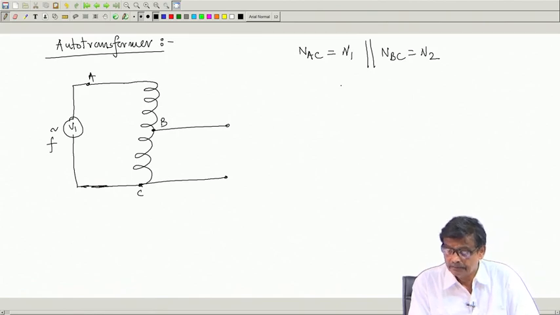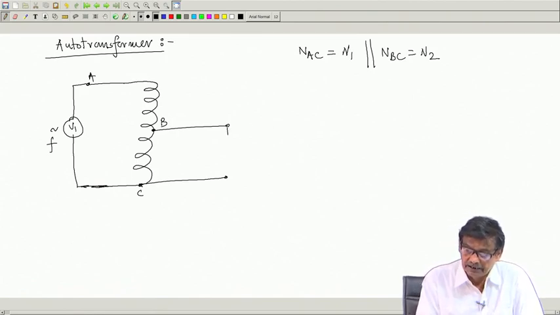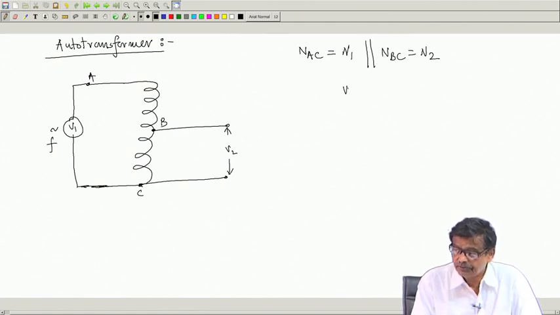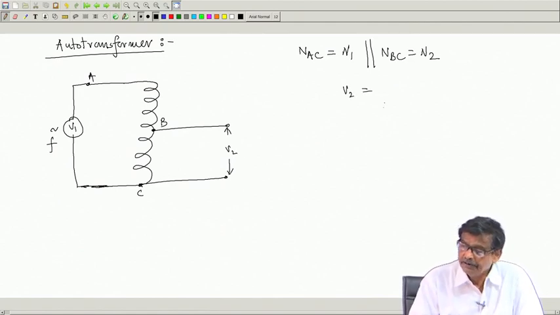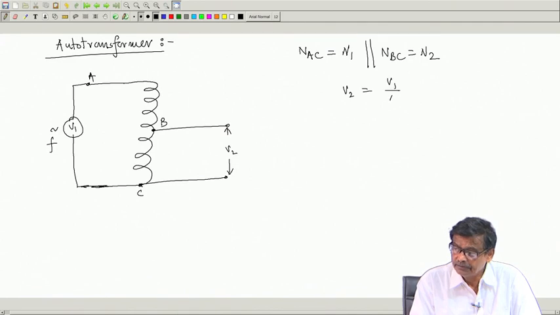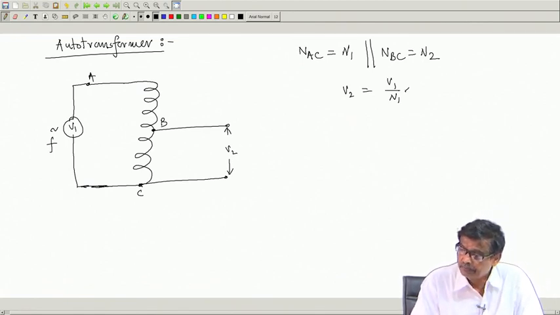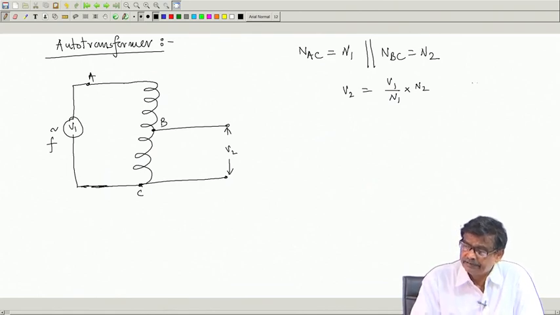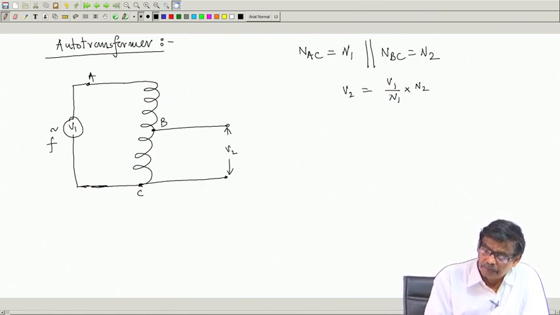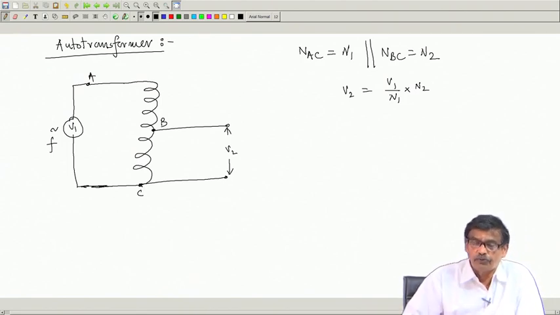Then voltage available here I will call it V2. V2 will be V1 by N1, that is the voltage per turn decided by this V1 and whole number of turns N1 into N2, and that is it. So, by changing N2 I will be getting output voltage.